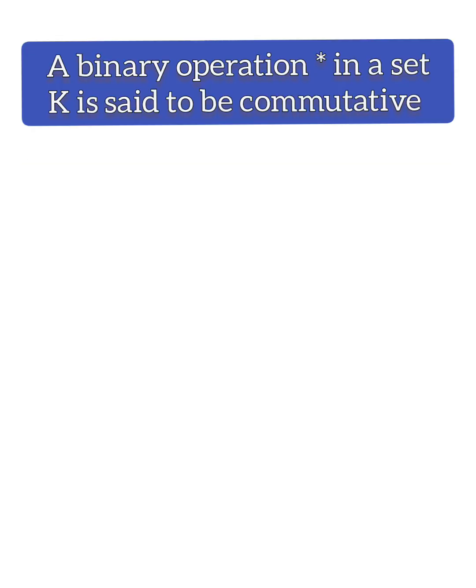A binary operation * on a set K is said to be commutative if for all a and b which are elements of K, a * b equals b * a. Now, when this condition is true, then that operation is said to be commutative.